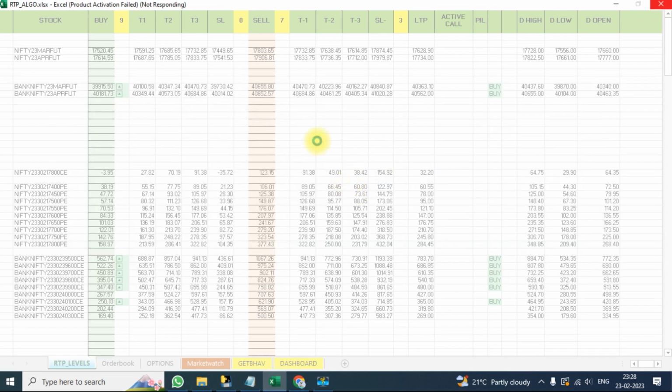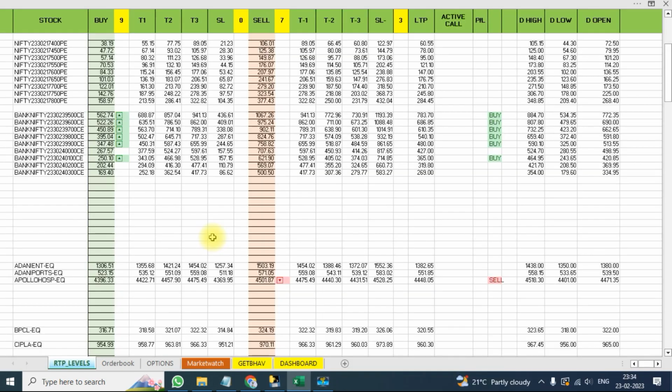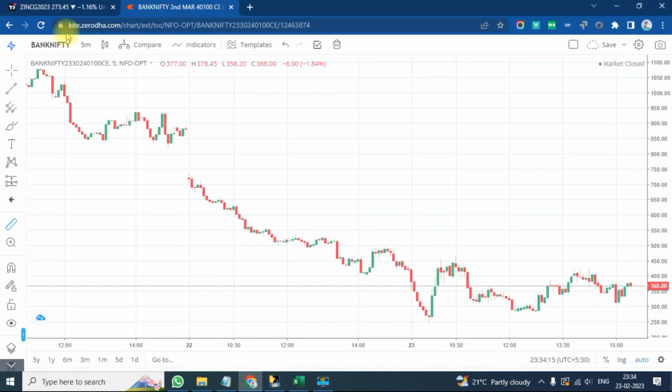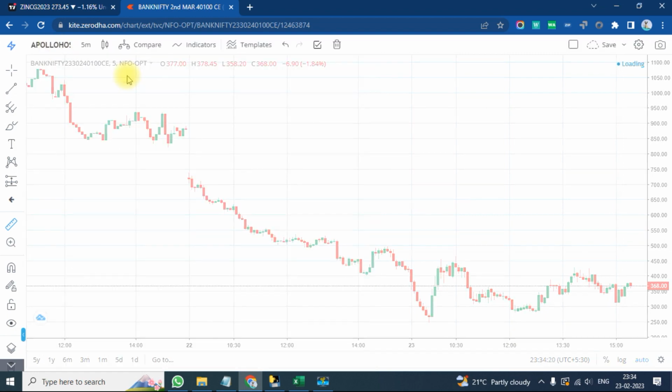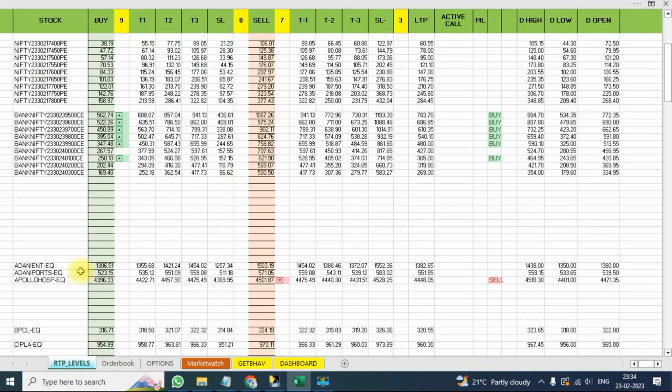One second, this is getting stuck. In the same way we can check some stocks, for example Apollo Hospital. I'll open the Apollo Hospital chart here. You can see in Apollo Hospital we had a sell signal here.